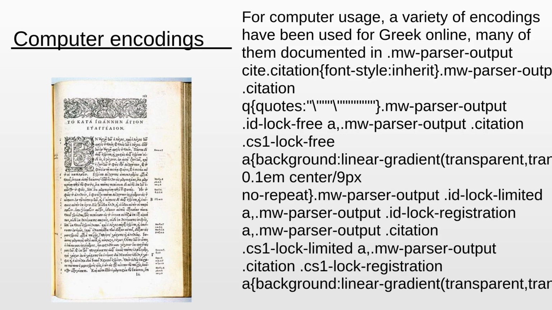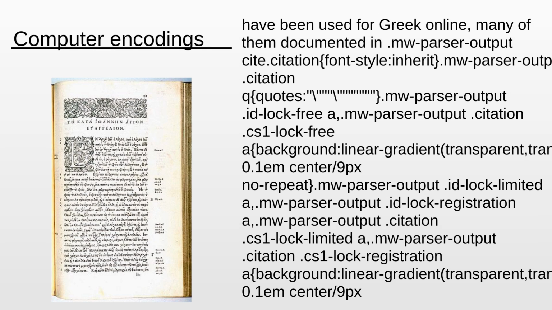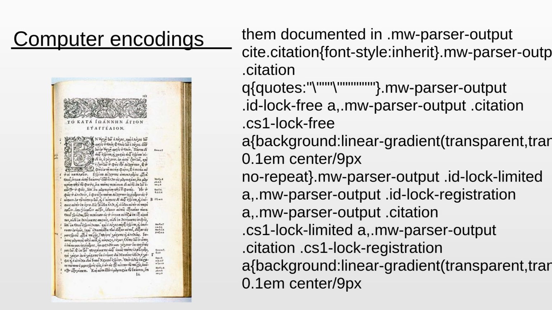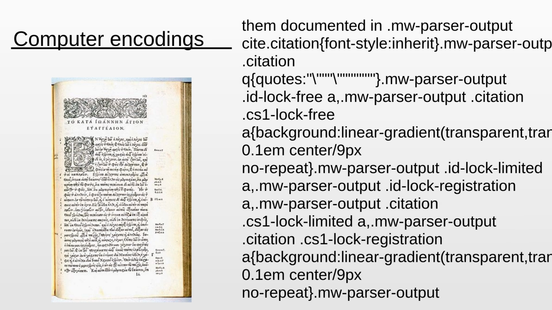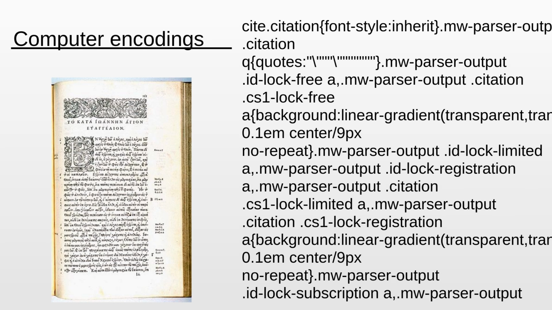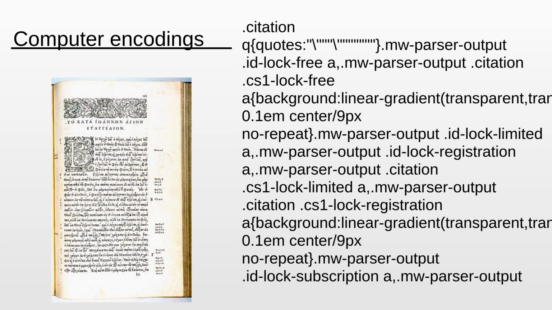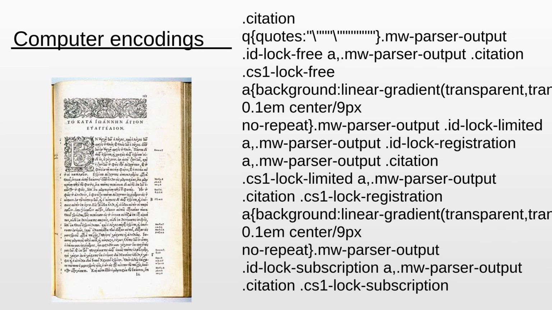For computer usage, a variety of encodings have been used for Greek online, many of them documented in MW parser output cite, citation, font style. Inherit, MW parser output, citation Q, quotes. MW parser output, id lock free A, MW parser output, citation, CS1 lock free.